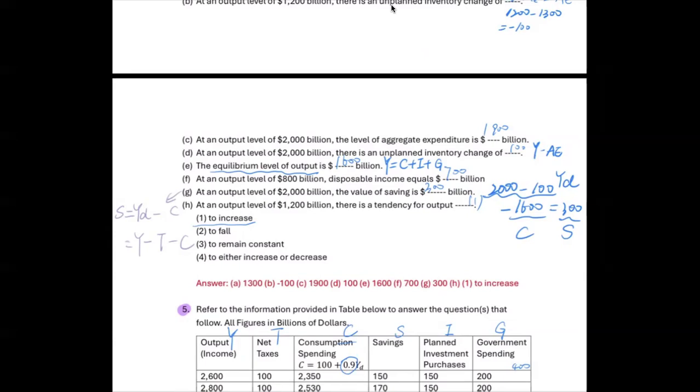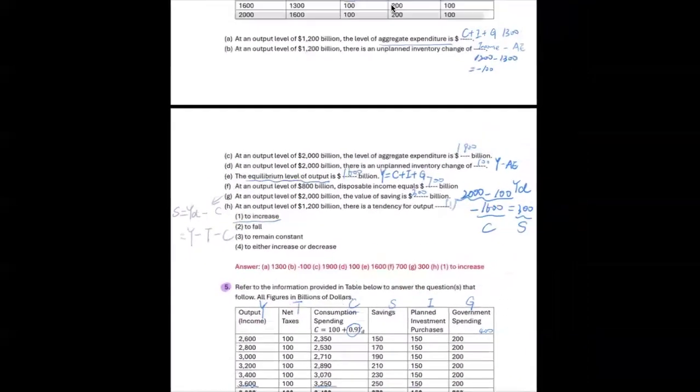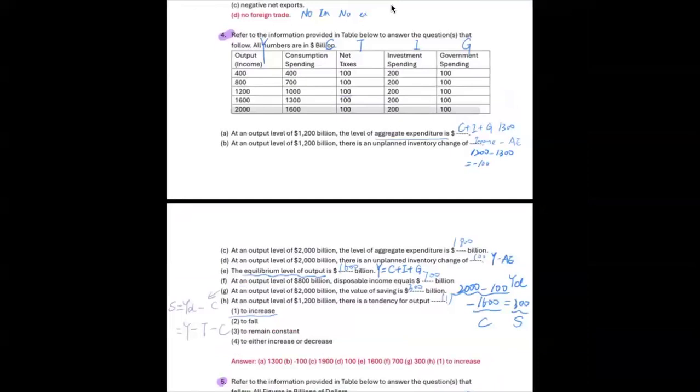So there's a tendency for output to increase. Otherwise, there's not enough output to consume, save, and fund government spending. Because you need to get the equilibrium, let Y equal aggregate expenditure.